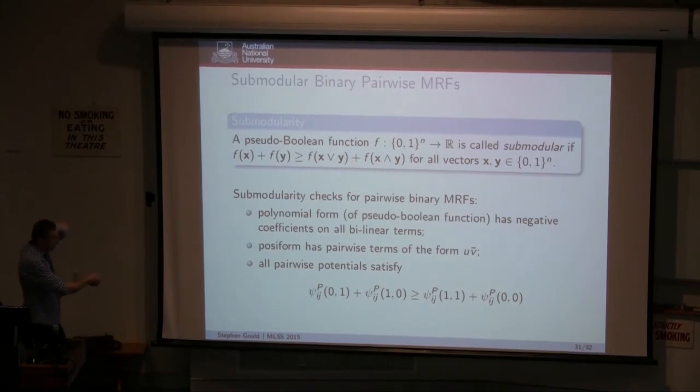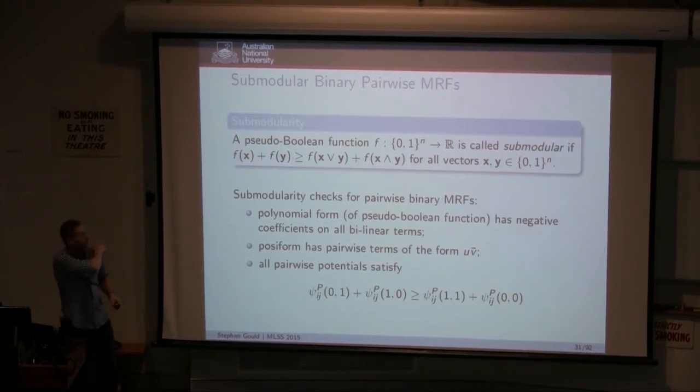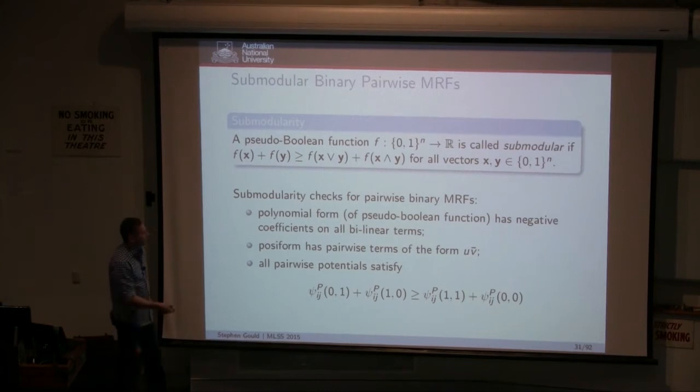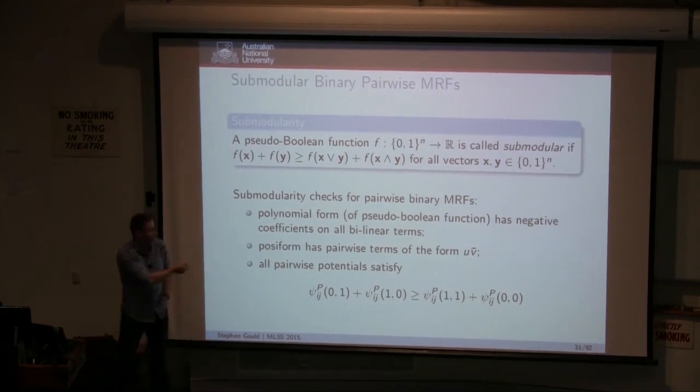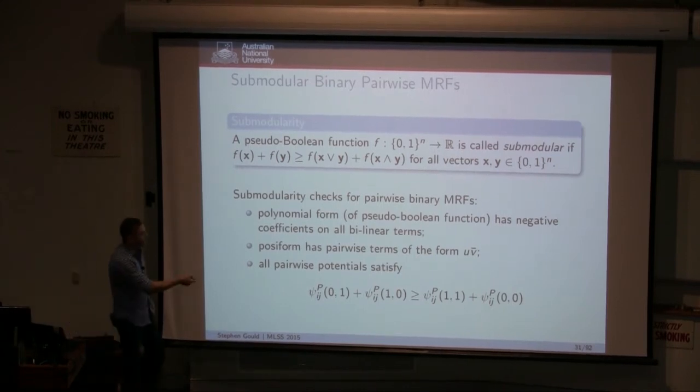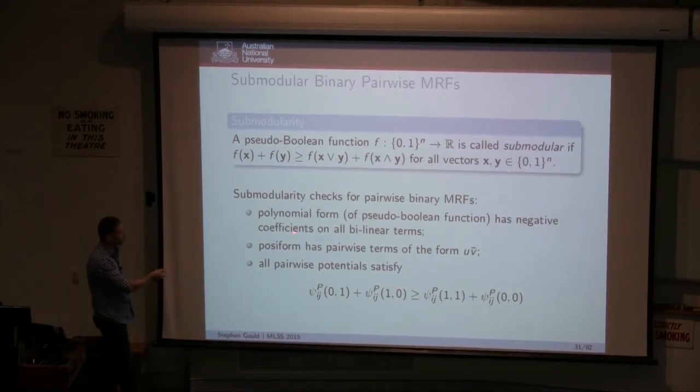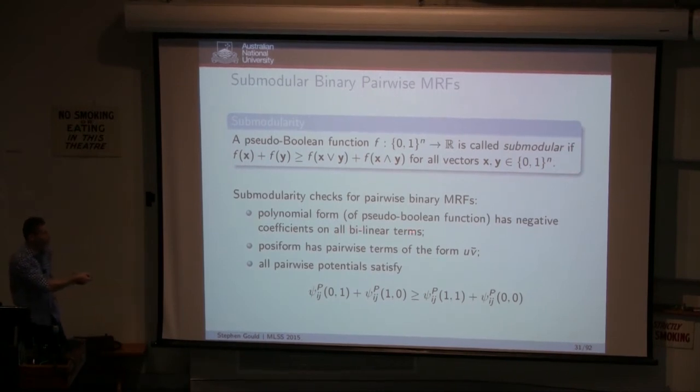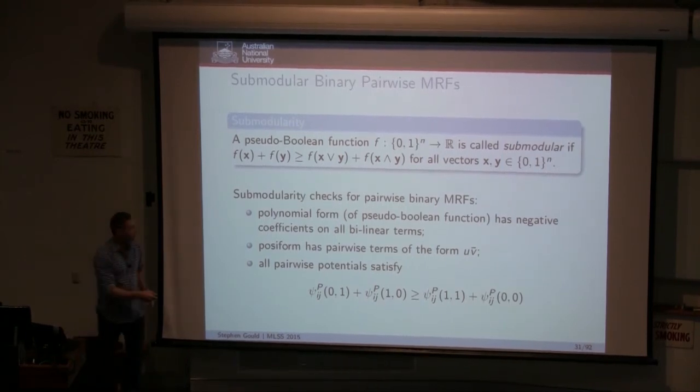Now, it turns out that there are a bunch of simple checks that we can use to determine whether a Markov random field or a pseudo-Boolean function is submodular. If the polynomial form of the pseudo-Boolean function, remember there's a unique polynomial form for every pseudo-Boolean function, has negative coefficients on all the bilinear terms, so for every term in the function that includes two variables, then the entire function is submodular. It has the submodularity property.